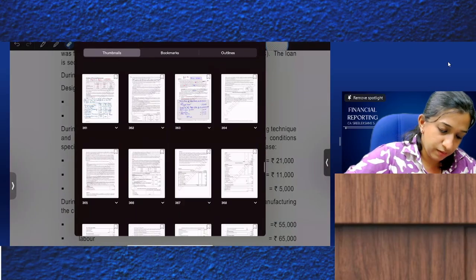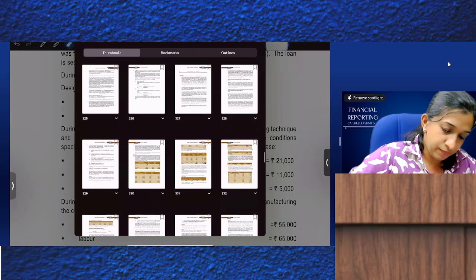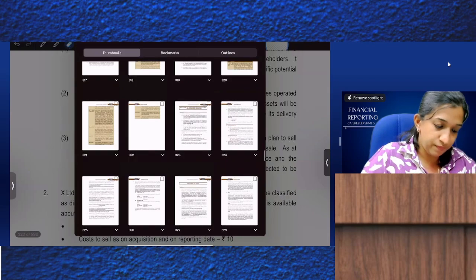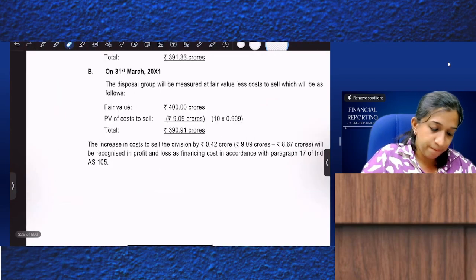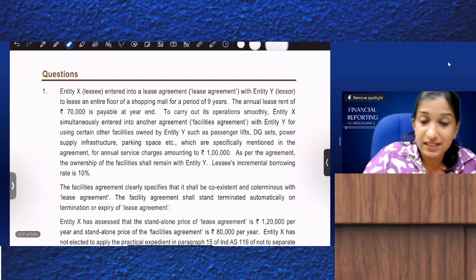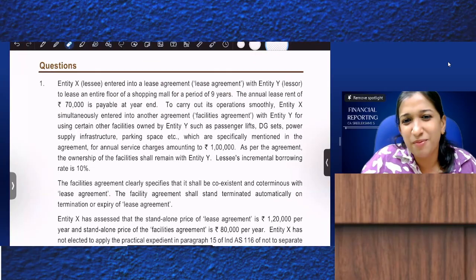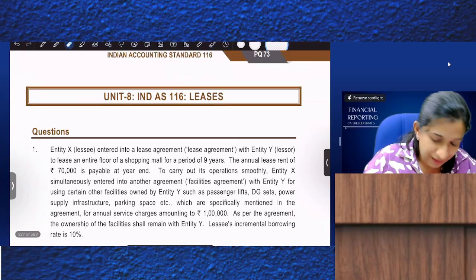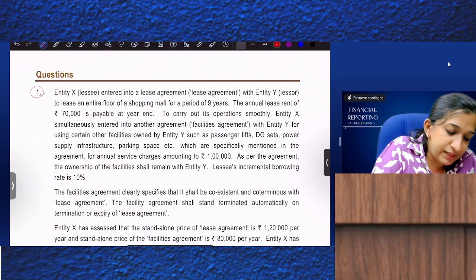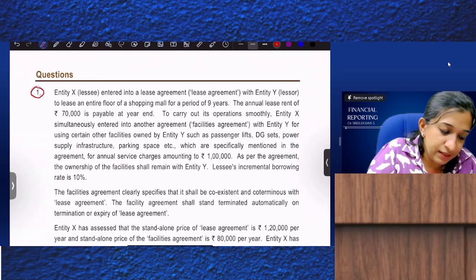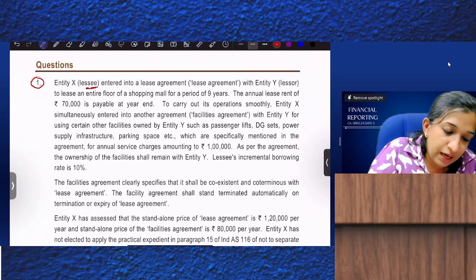Entity X. This question has not come for exam, but it can come. This is our practice question. Question number 1. Entity X, lessee, entered into a lease agreement with entity Y.